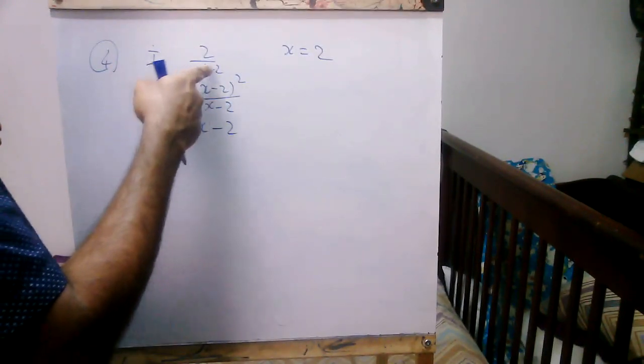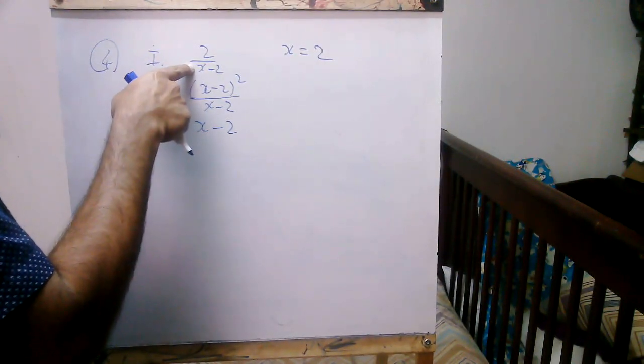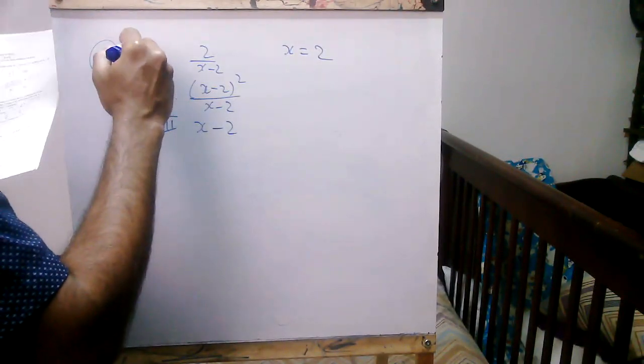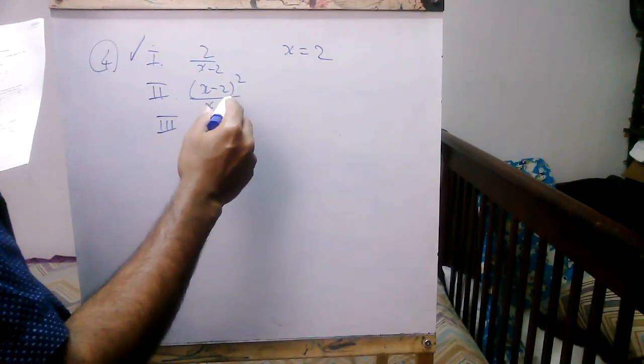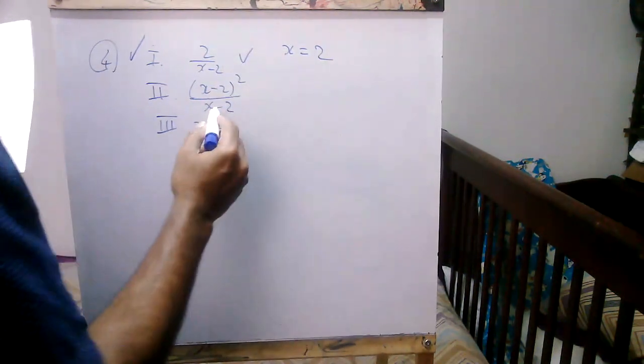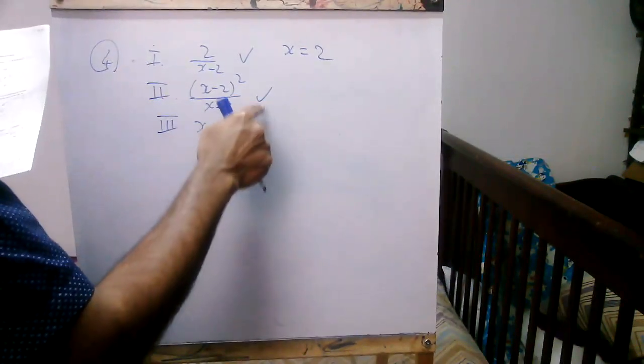The function is undefined if the denominator is 0. When x equals 2, this is undefined, so this is one of the answers. When x equals 2, this is 0, therefore this is undefined. This is the answer 2.